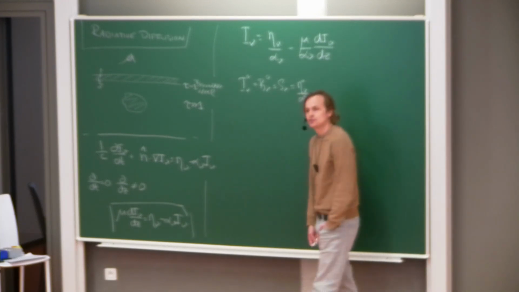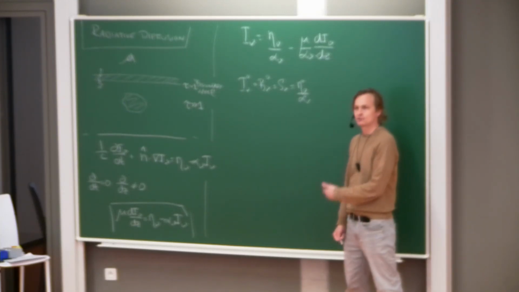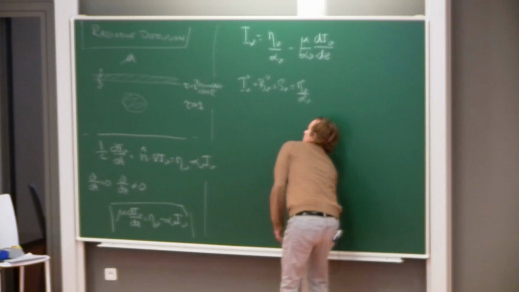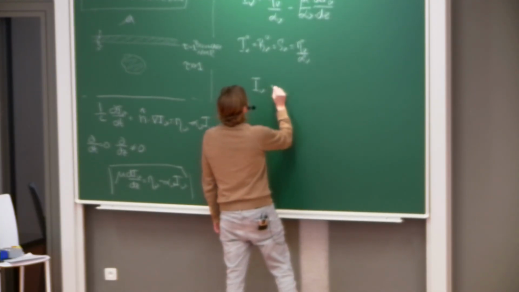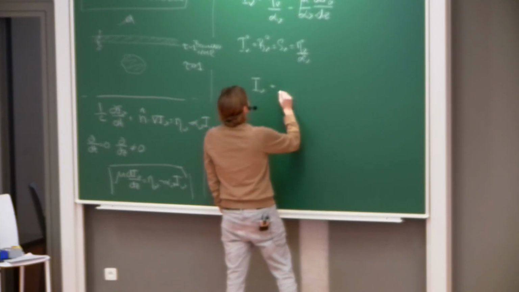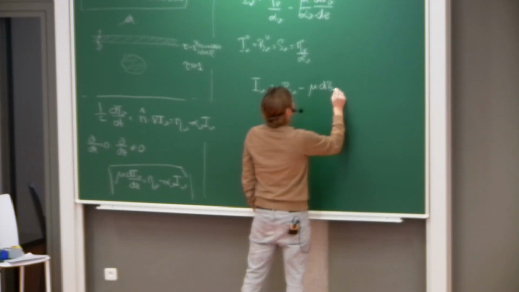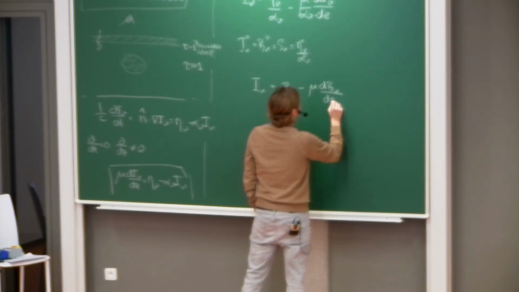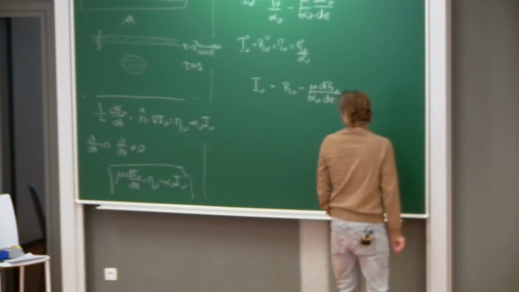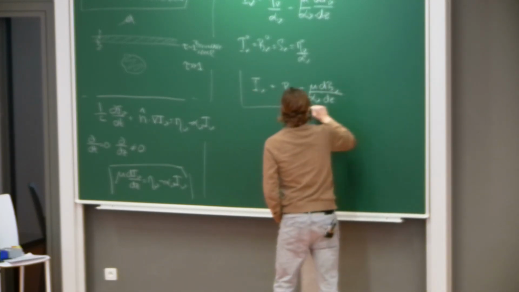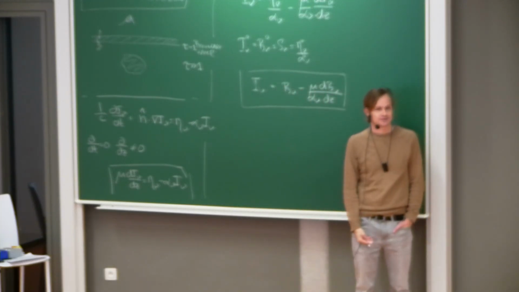So to obtain a first order approximation, we just need to insert that on the right-hand side to get the first linear approximation, which, as you can see, is just B_nu minus mu dB_nu/dz divided by alpha_nu. All right, well, that is our radiative diffusion equation.